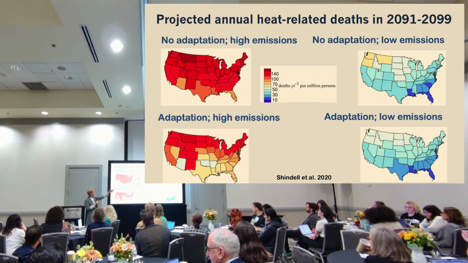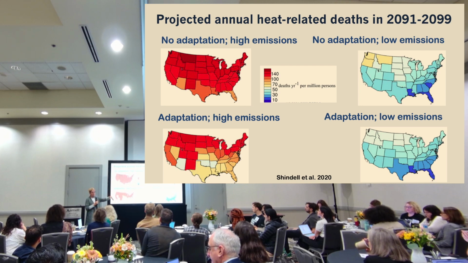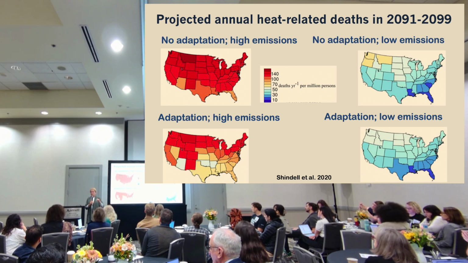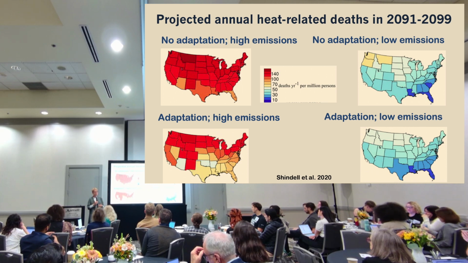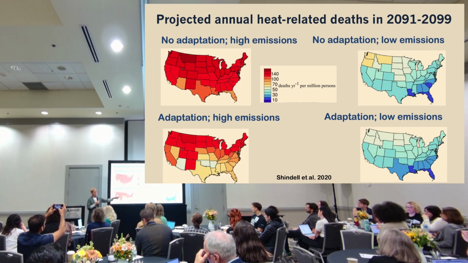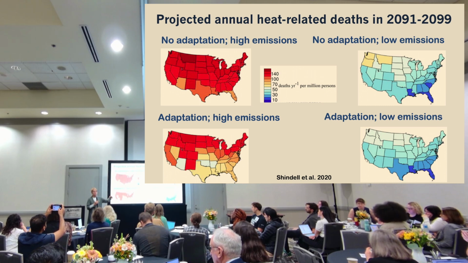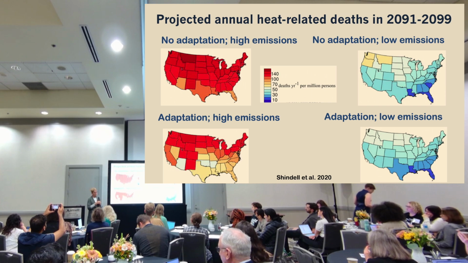And you can see the difference between when you have just change in mitigation, just change in adaptation. The other point is that when you look at the bottom right, even in that world with adaptation and mitigation, there's increases in heat-related mortality. Populations are aging. We've got more people at risk. And so there's going to be a greater burden on our health systems, even with adaptation and mitigation, because of other changes that are going on.